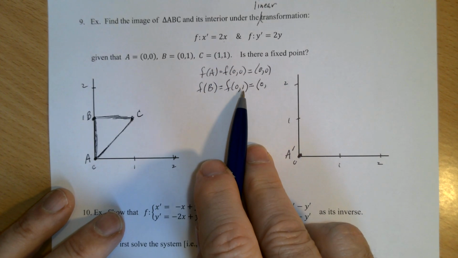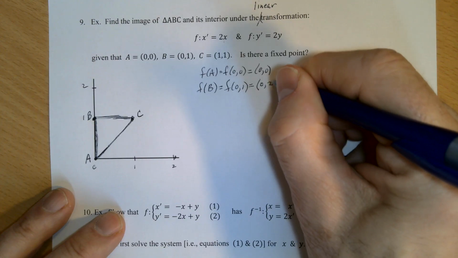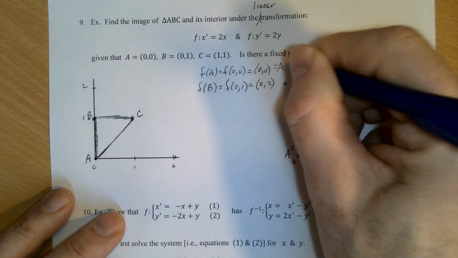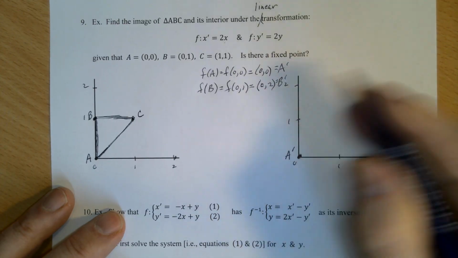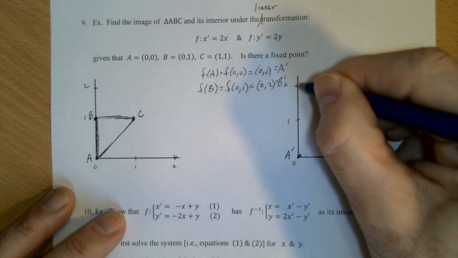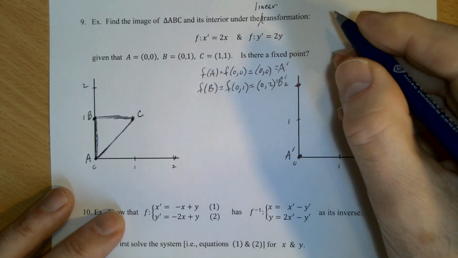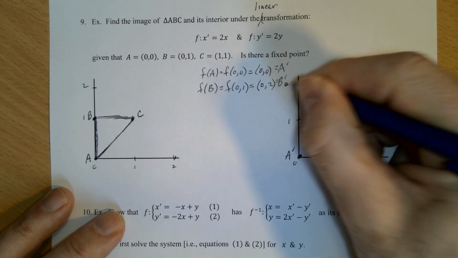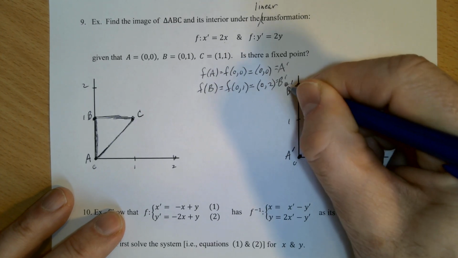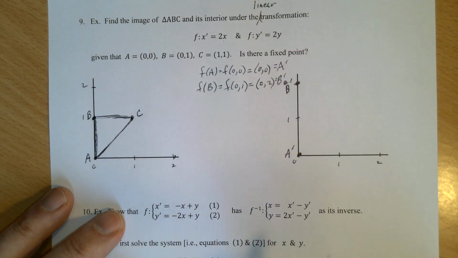Y prime is going to be 2 times y, which is 2 times 1, which is 2. That's going to give me 0, 2 as my B prime. B prime is at 0, 2.